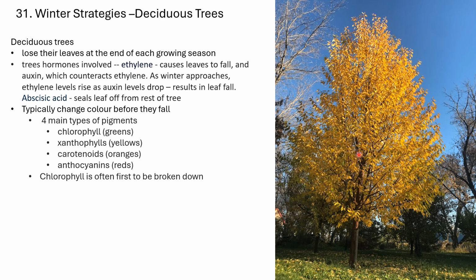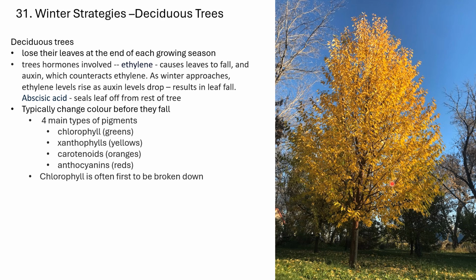Depending on the balance of hormones, there's a trigger: the tree can sense the shortening of the daylight hours as we go from summer into fall. That triggers a balance of a couple of hormones that cause the leaves of this tree to fall.